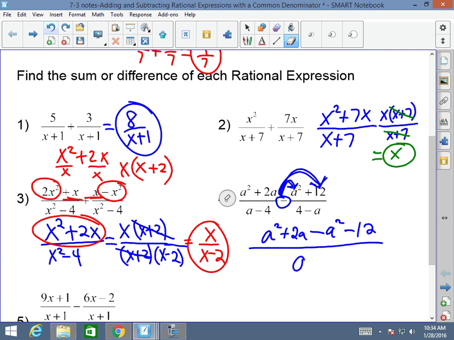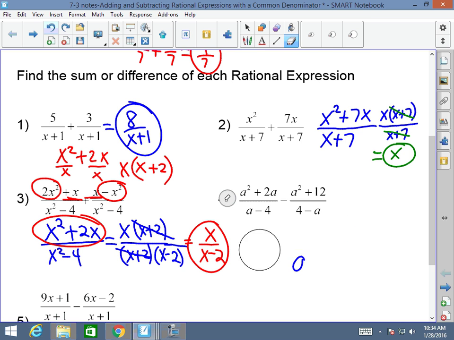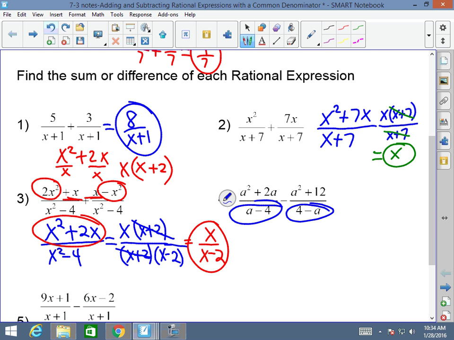But wait. Look at what I did here first. I didn't pay attention. These two guys are not the same, are they? No. What I said before is valid. This negative always does distribute, but you've got to pay attention to make sure they're the same. So first I have to factor out a negative from here, making this a minus 4. And then where does this negative go?